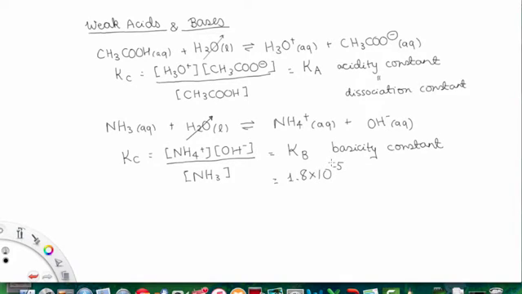As you can see, the acidity and basicity constants are often reported as their negative logarithms. The negative log of Ka is the pKa, and the negative log of Kb is called pKb.